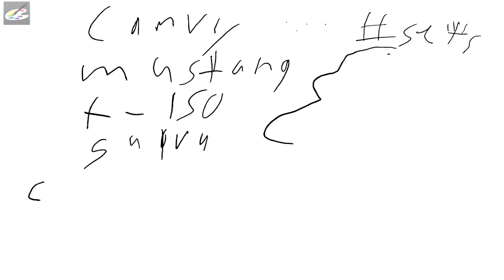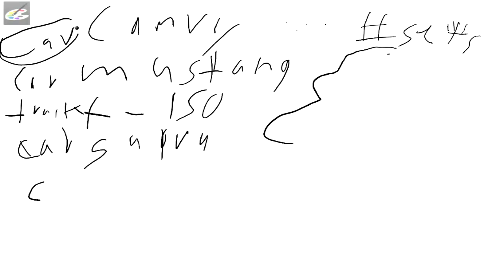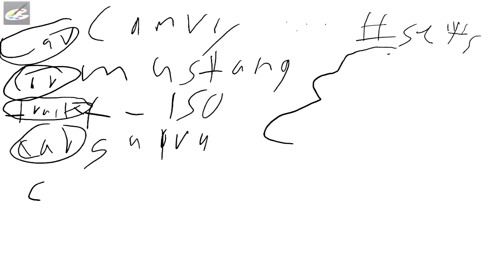So all we would do is say car Camry, car Mustang. This would be a truck. And this is a car. So these are sharing the same type of class. They're using the exact same class, and this guy would use a slightly different class. So these guys would have all the same variables, same exact variables as the rest, but the values are going to be different.